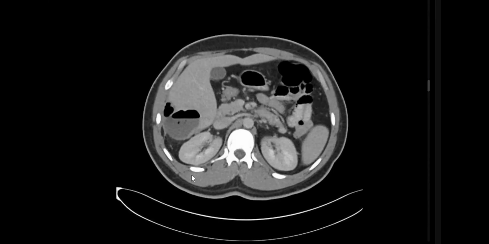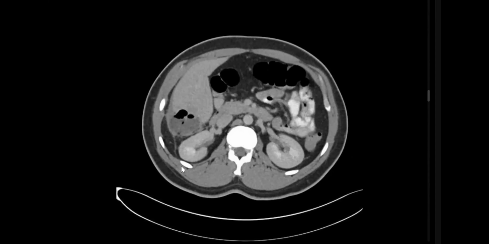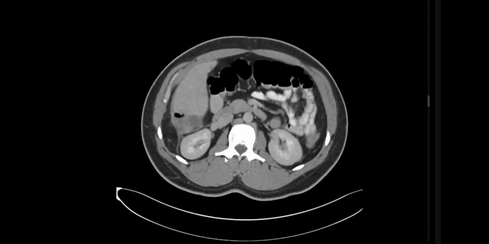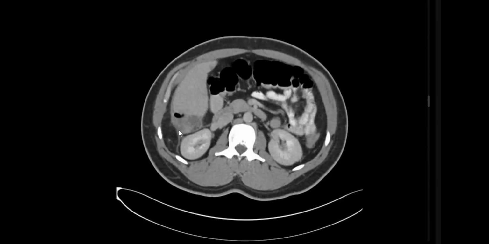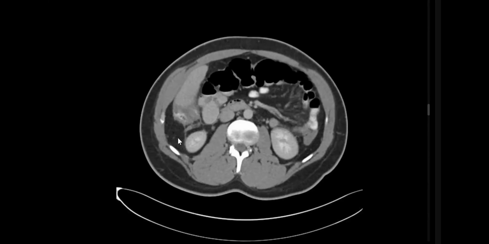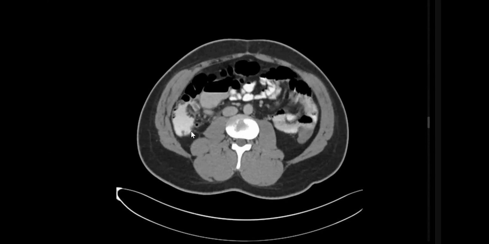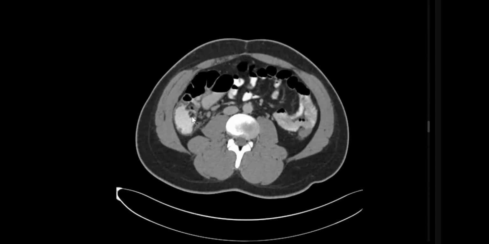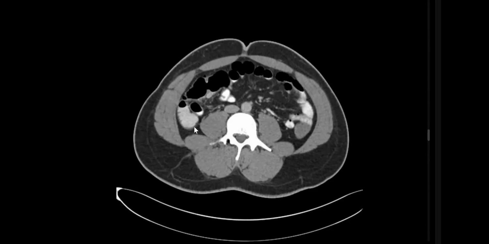There is a large subhepatic collection in the previously seen location of the appendicolith. I can also see the appendicolith within it. Few air locules are seen. Now the appendix also appears inflamed and thickened, with fat stranding also seen involving the cecum.